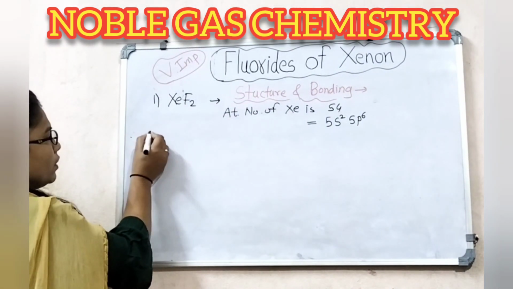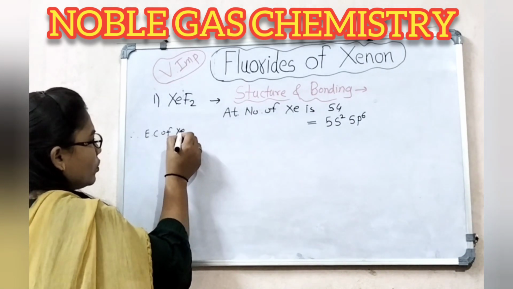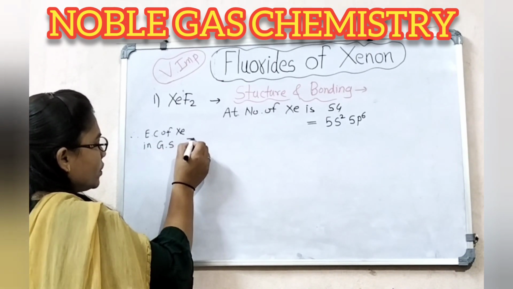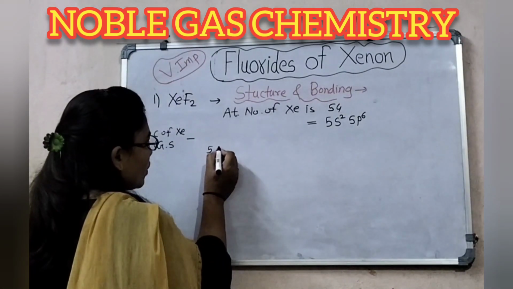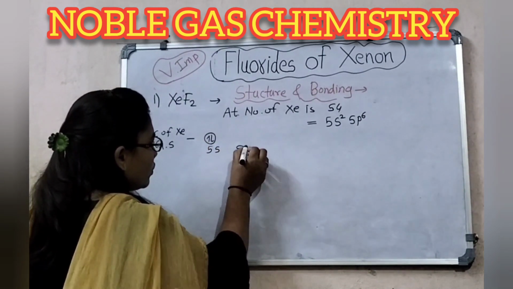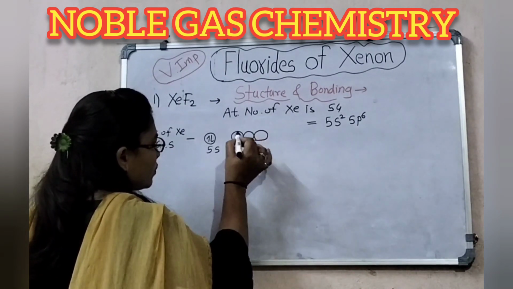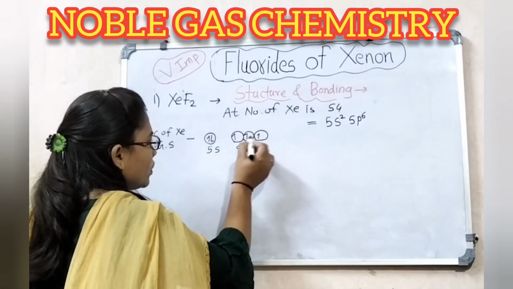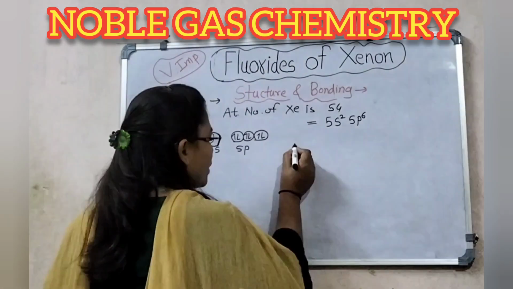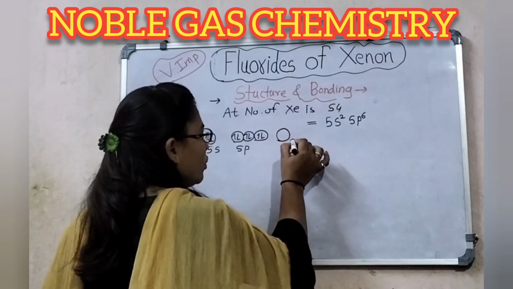Therefore, the electronic configuration of xenon in ground state is 5s2 5p6, 1 2 3 4 5 6, and it has vacant d orbitals.